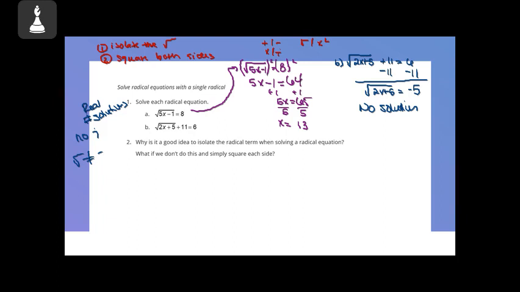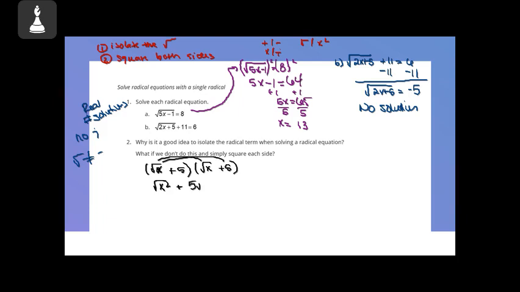So let me show you here. If I had the square root of x plus 5, and I wanted to square that, that means I'm going to multiply it by itself. Watch what happens. Square root of x times square root of x, so square root of x squared. Square root of x times 5, 5 root x. 5 times root x is 5 root x. And 5 times 5 is 25.